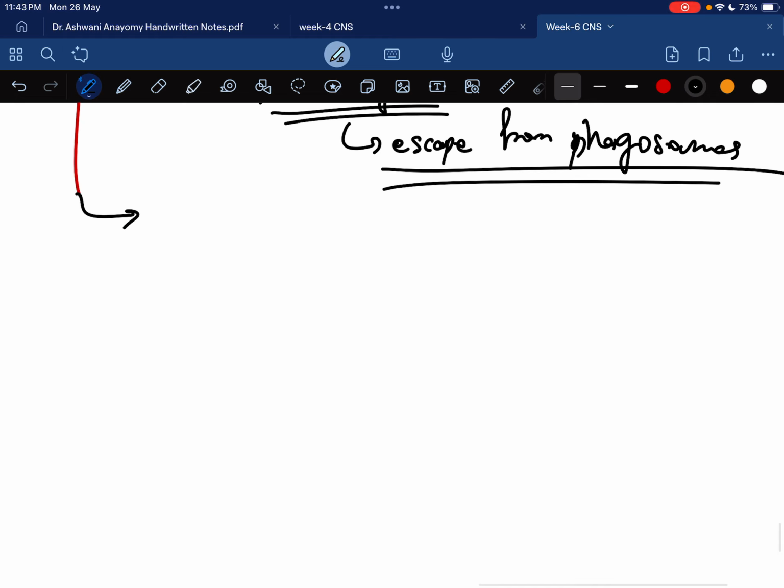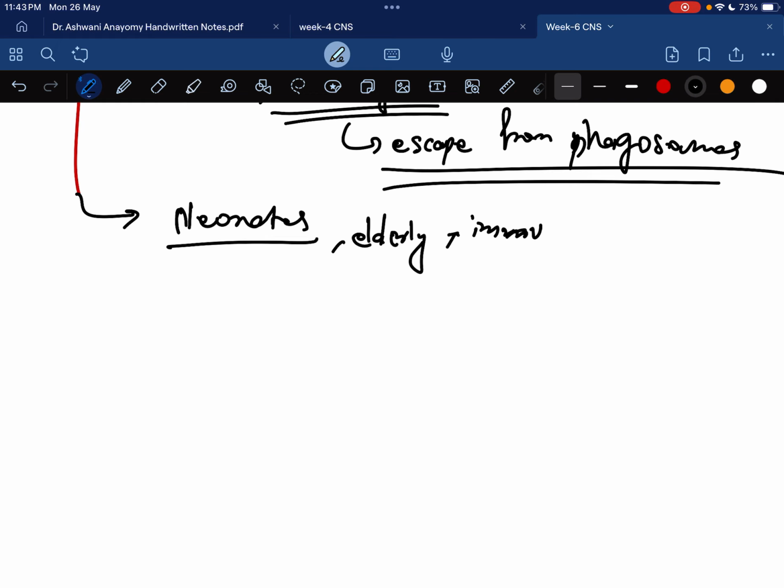It is common in neonates and the elderly, with immunocompromised patients.